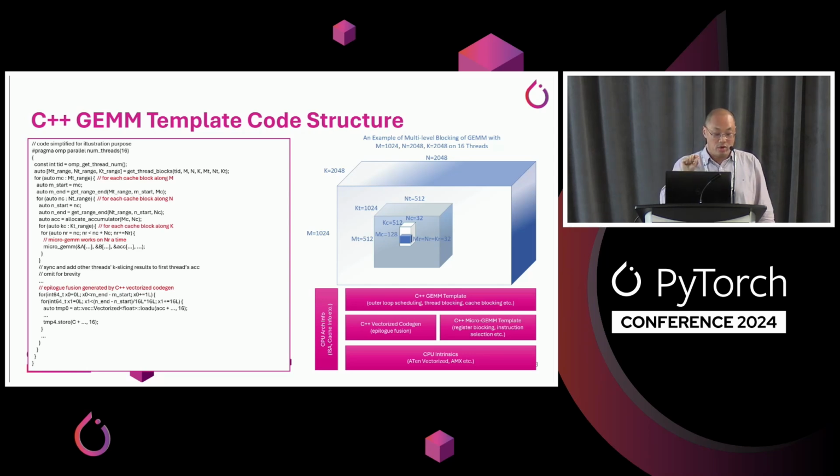And finally, we generate the epilogue fusion, for example, the pointwise operations like the bias and the residual add, at the cache level, so that they can compute at the same time in the inner loop to get a further speedup. We reuse the CPP vectorized codegen to generate these epilogue fusions.